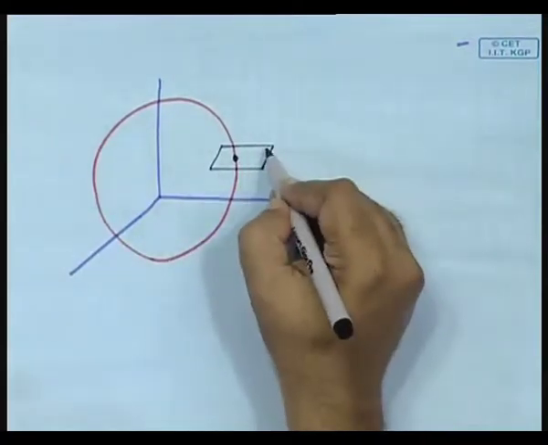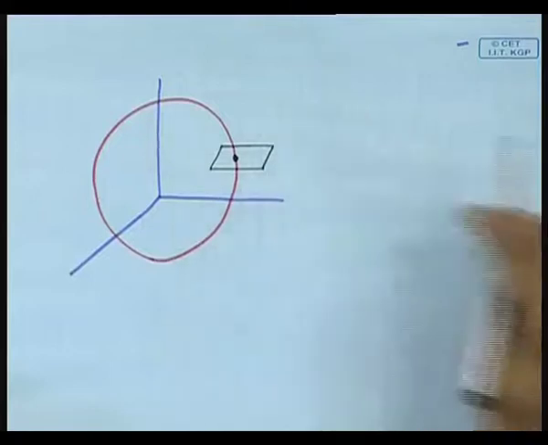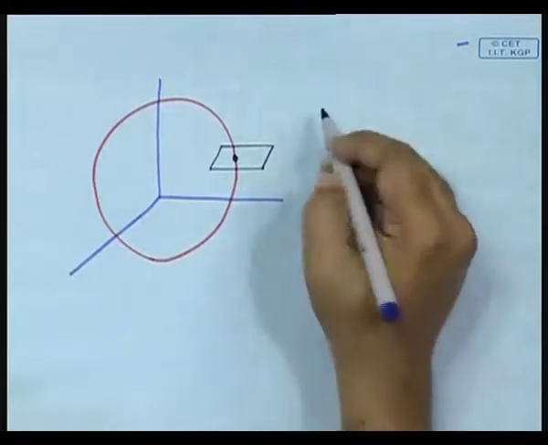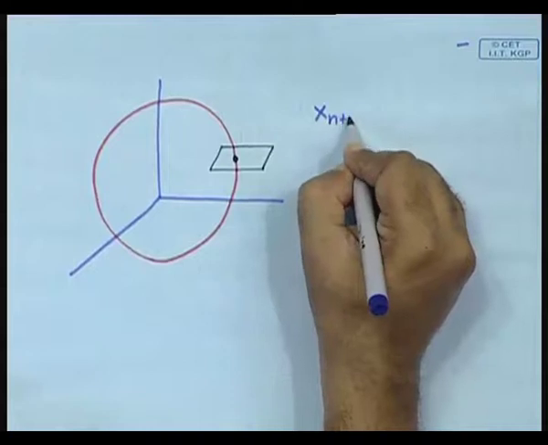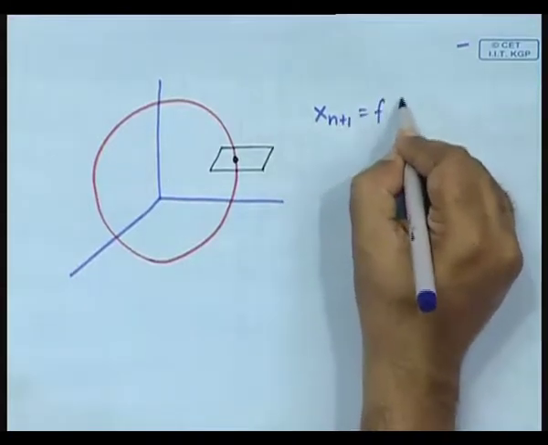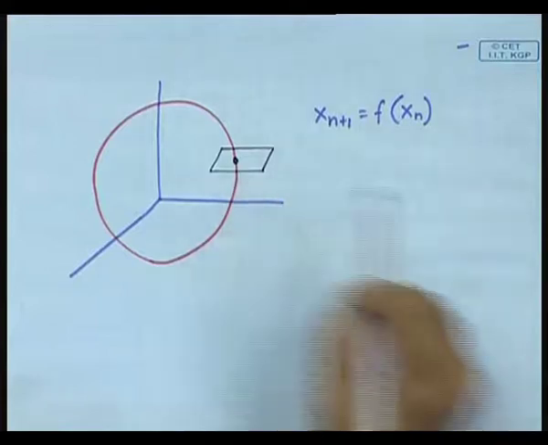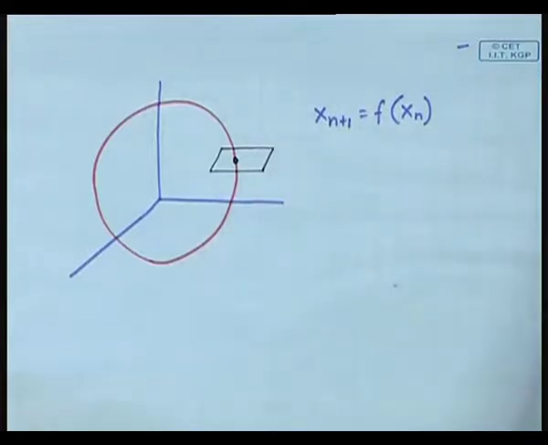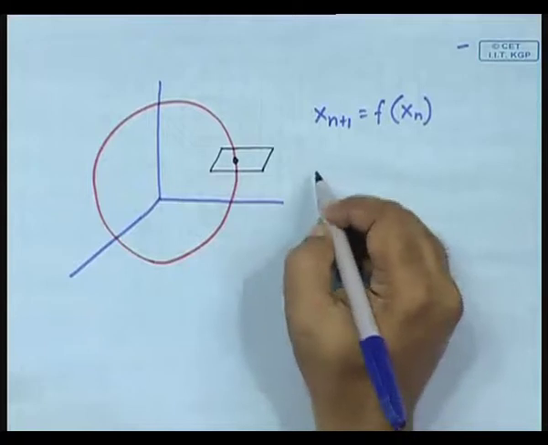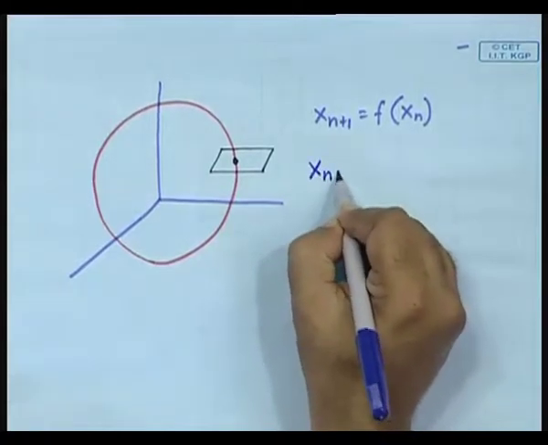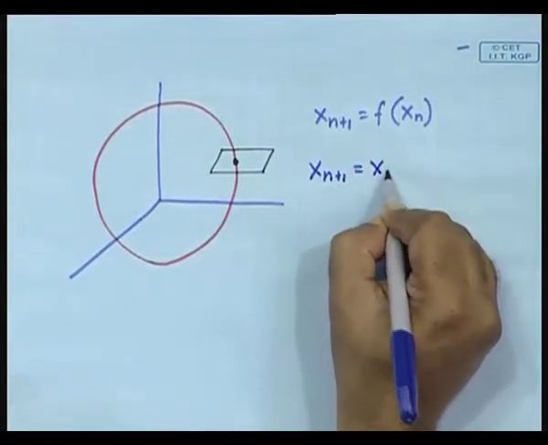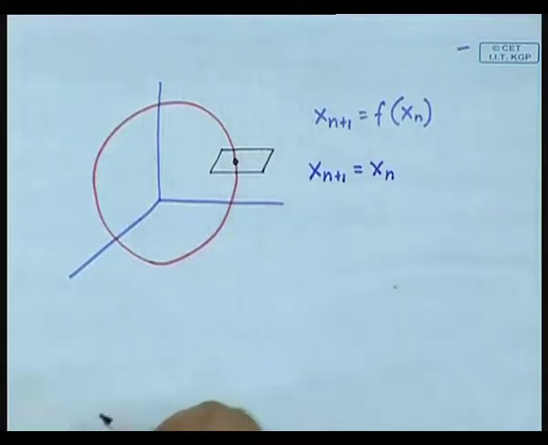On the Poincare section it will be defined as a map x n plus 1 is equal to function of x n, and this specific point has the property that x n plus 1 is equal to x n, and it is a fixed point.